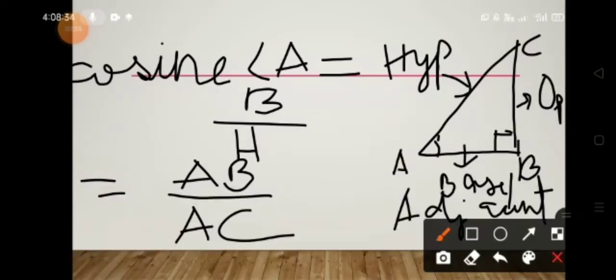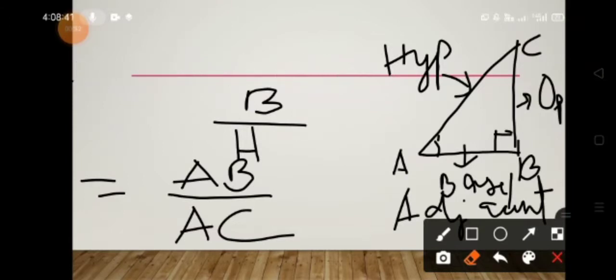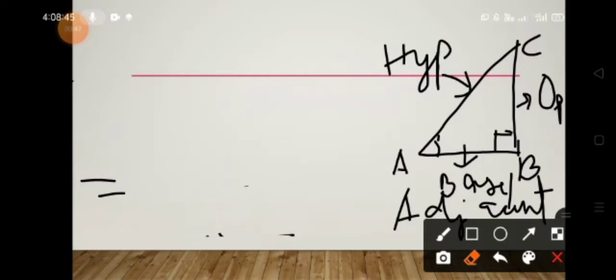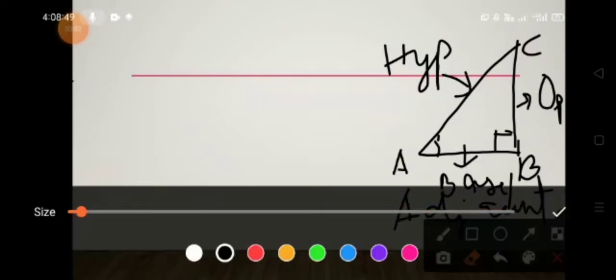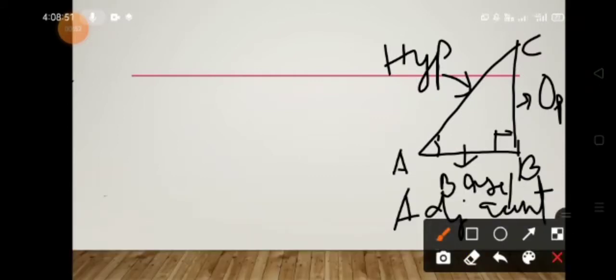Now next let's do again here. That was cosine. After cosine, I'll be taking another identity, which is tangent.